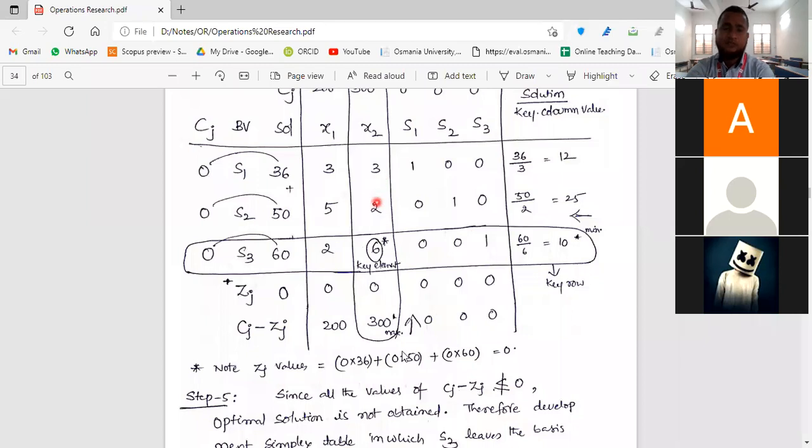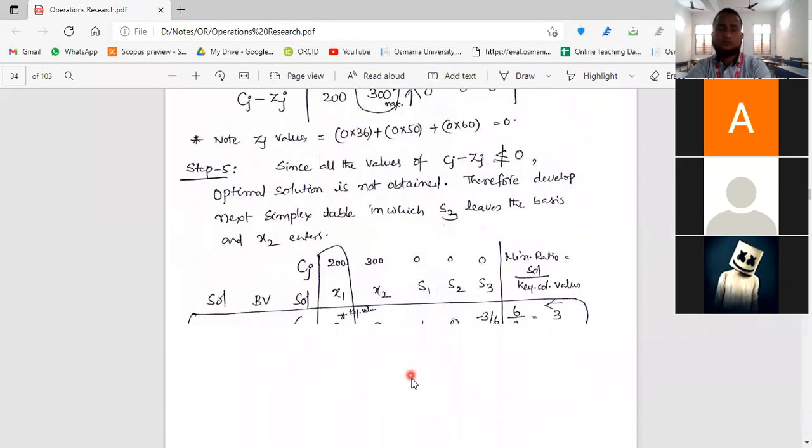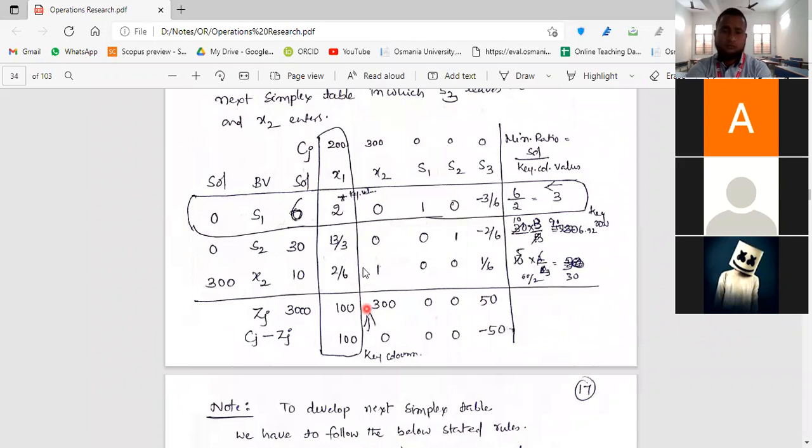These two will become 0. So 1 we got already here, and the opposite values are 0, 0, 0. Now the remaining 10 values, the solution value, the X1 value and others, we need to find out.